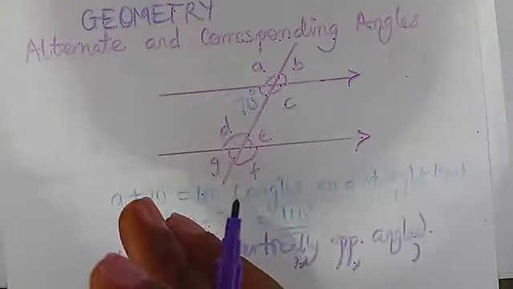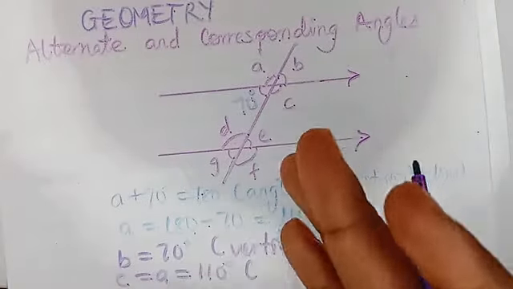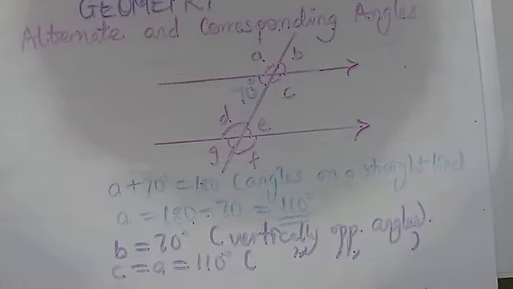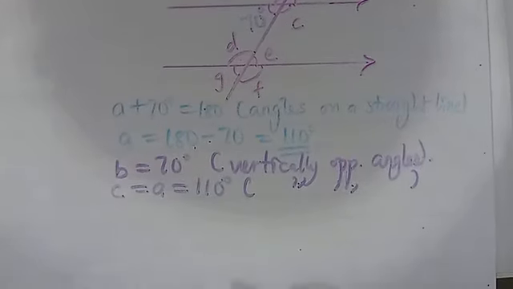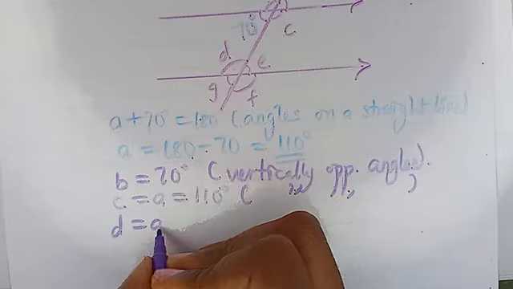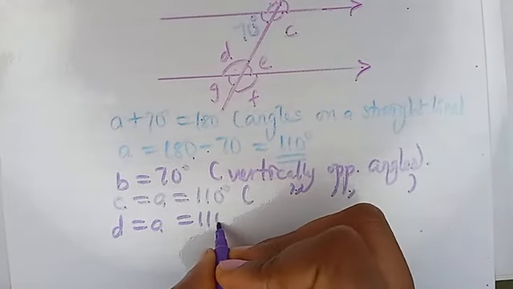Remember, we just said let's solve alphabetically. You could solve anyhow, but let's just organize our work. So we have that angle D is equal to angle A, which is equal to 110.